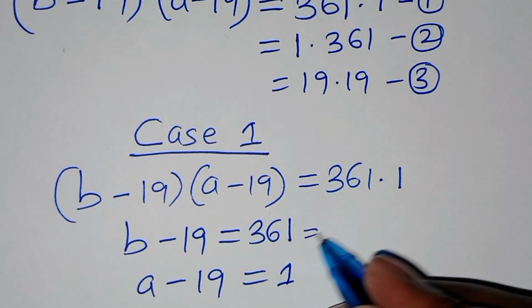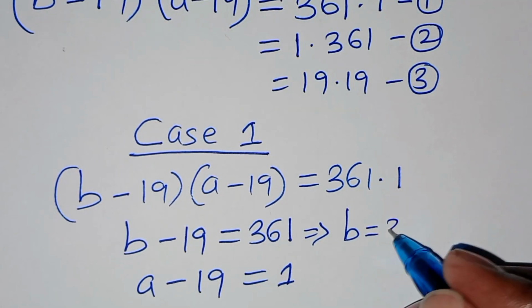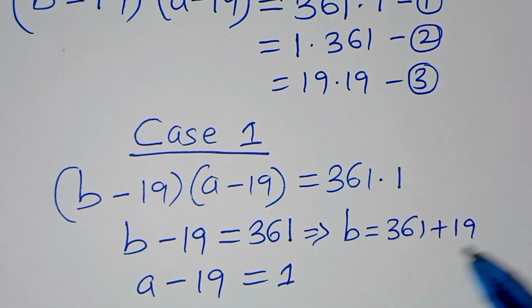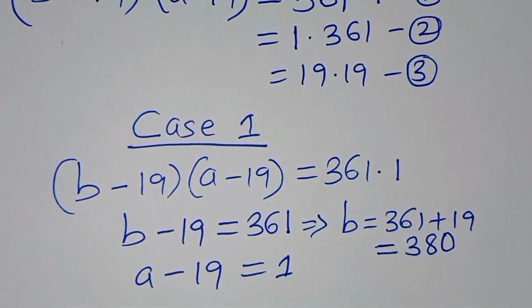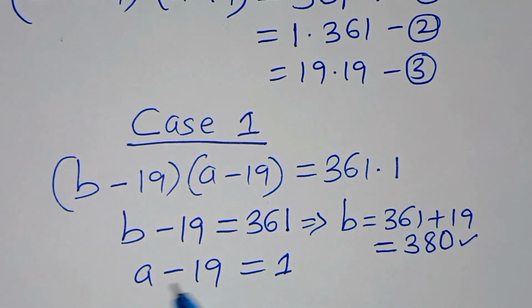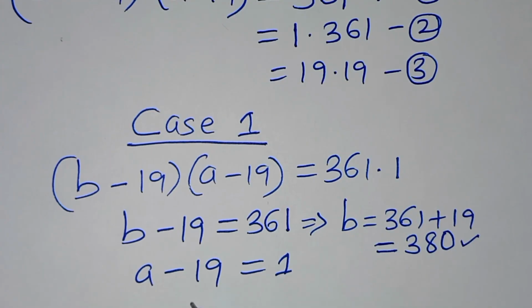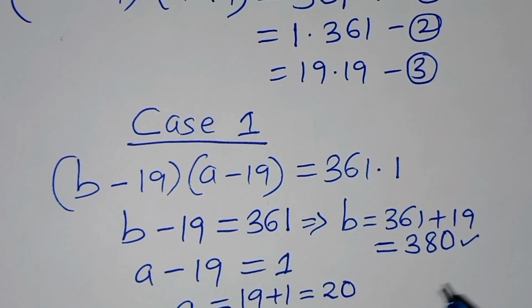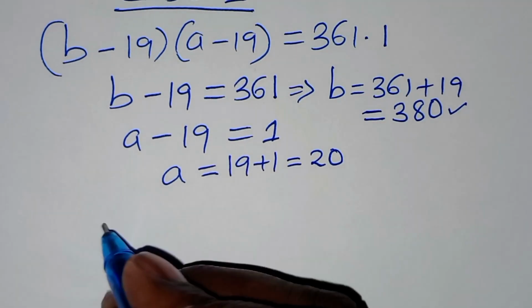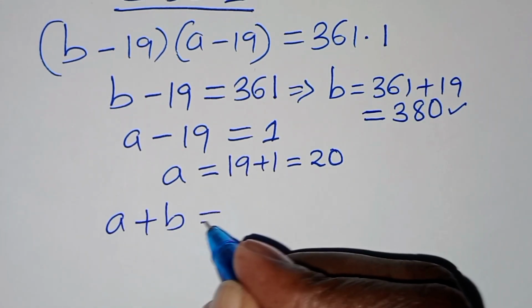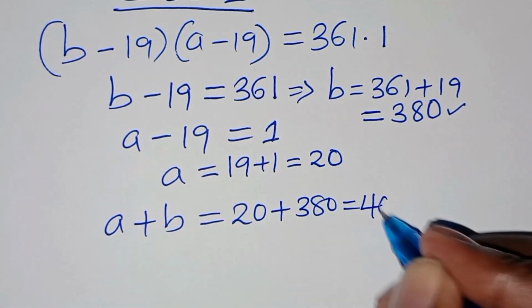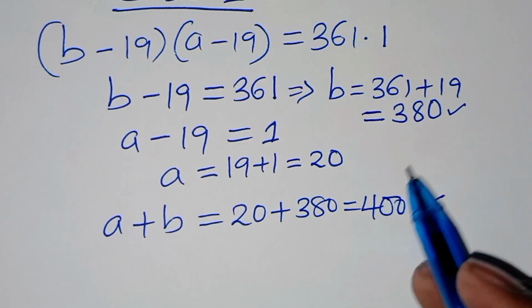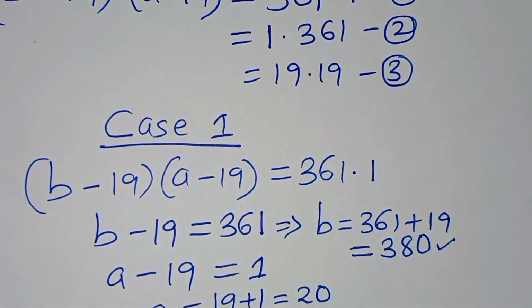So b is equal to 361 plus 19, which is 380. And a minus 19 equals 1, so a is equal to 19 plus 1, which is 20. So a plus b is equal to 20 plus 380, which is 400. This is the solution for case 1.